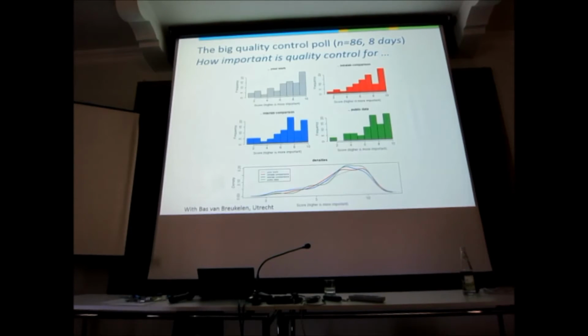So, how important is quality control? This is the big kahuna. And we asked 4 different settings. How important is it for your work, for the comparison between runs in your own lab, or between projects, for comparison with other labs, and for quality assessment of public data? Interestingly, you see a pattern. This looks a heck of a lot like this, and this looks a heck of a lot like that.